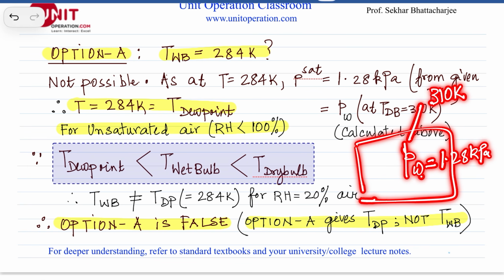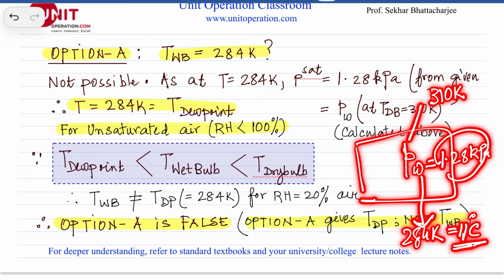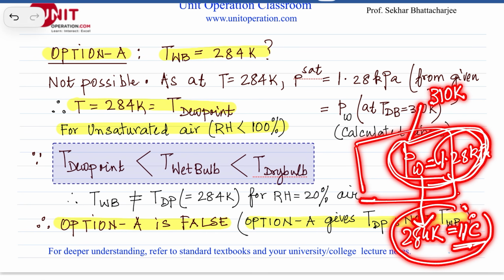But this saturation pressure is 1.28 kilopascals at a temperature of 284 Kelvin, which is approximately 11 degrees Celsius. So as we can see, for this humidity, partial pressure of water vapor, the dew point is 11 degrees Celsius, because at this 284 K or 11 degrees Celsius, the saturation pressure is equal to 1.28 kilopascals.